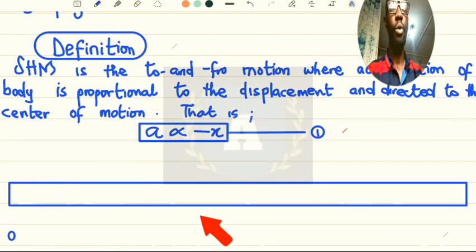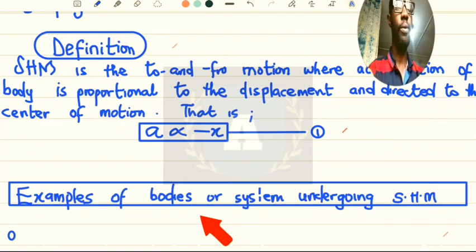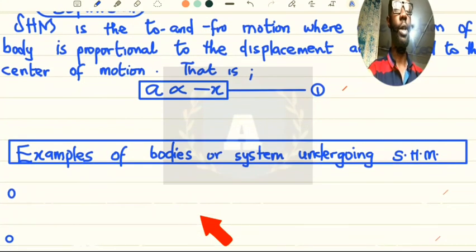Now we want to, by God's grace, look at examples of bodies or systems undergoing SHM.